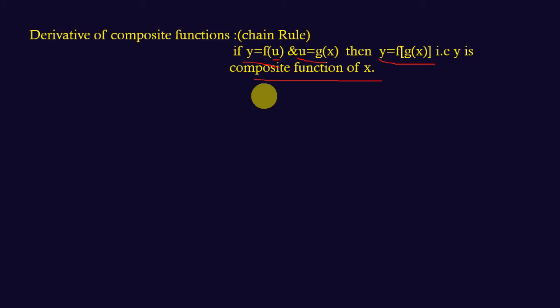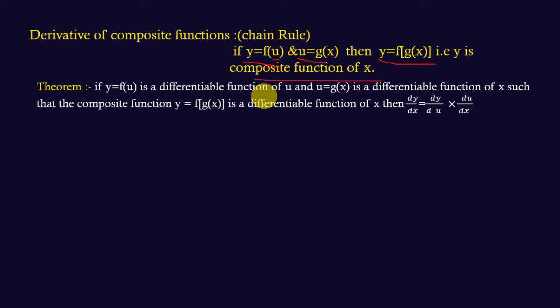Then next we study the theorem on how to differentiate this composite function. If y is equal to f of u is a differentiable function of u and u is equal to g of x is a differentiable function of x, then the composite function y is a differentiable function of x.